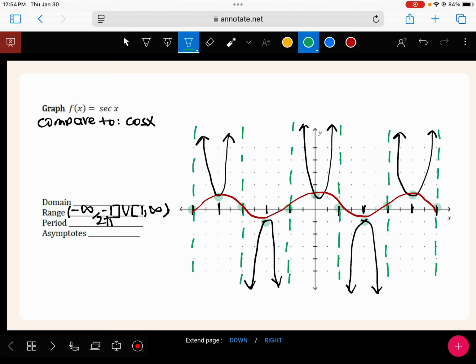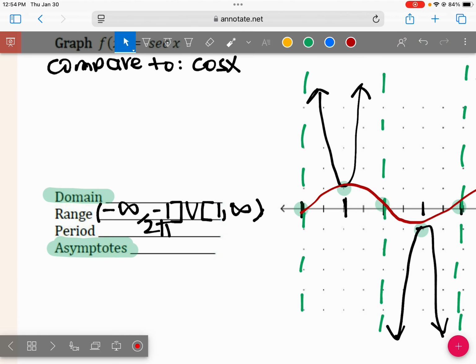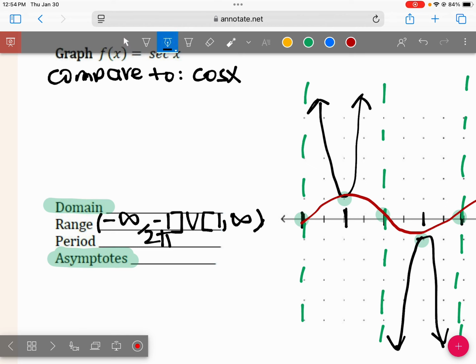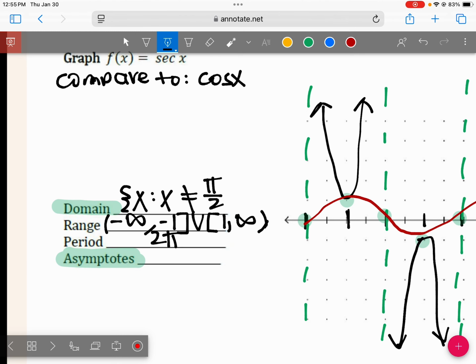Now our asymptotes and our domain are going to be a new kind of terminology. So we're going to put that it is x such that x does not equal.